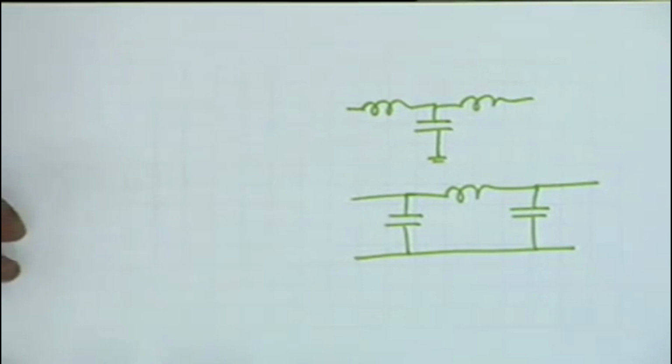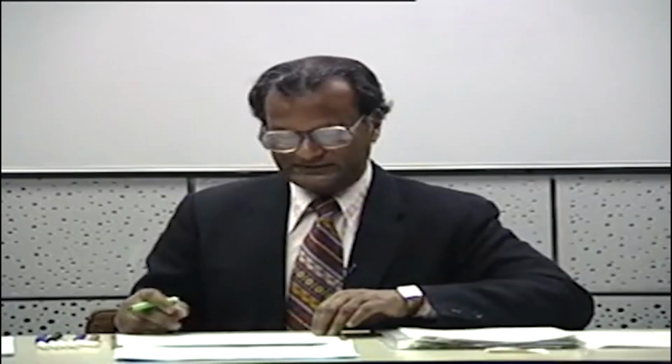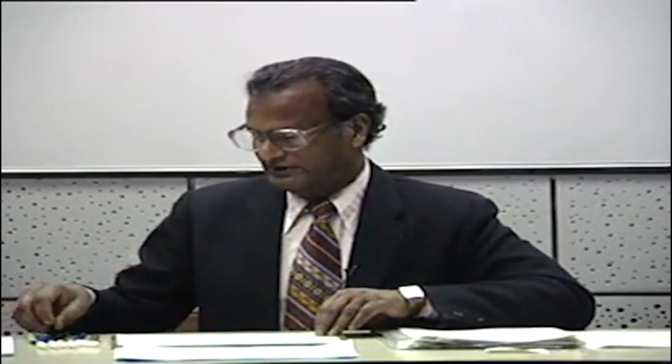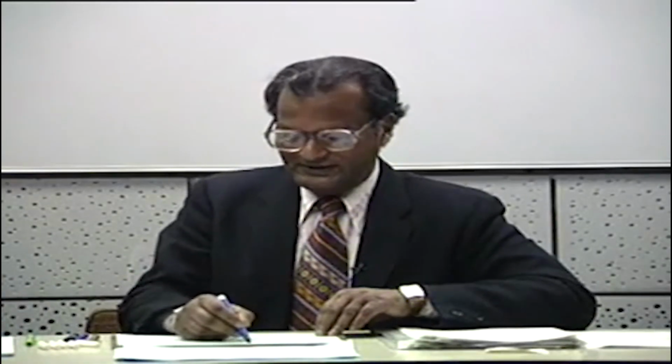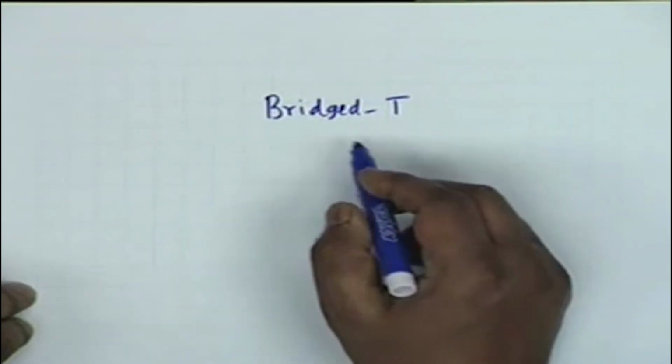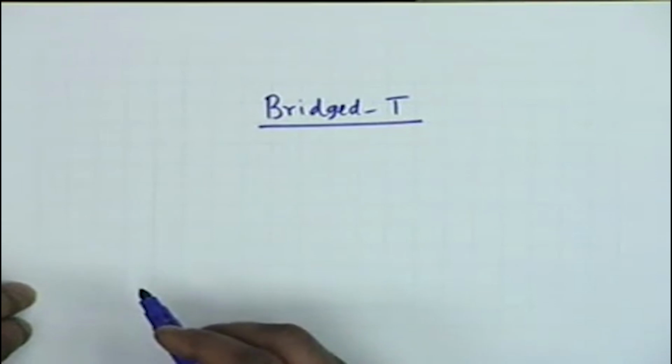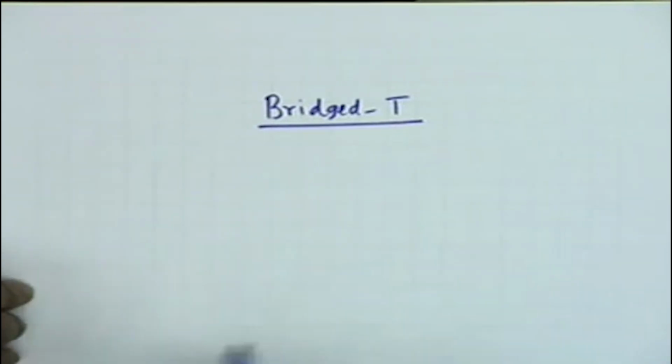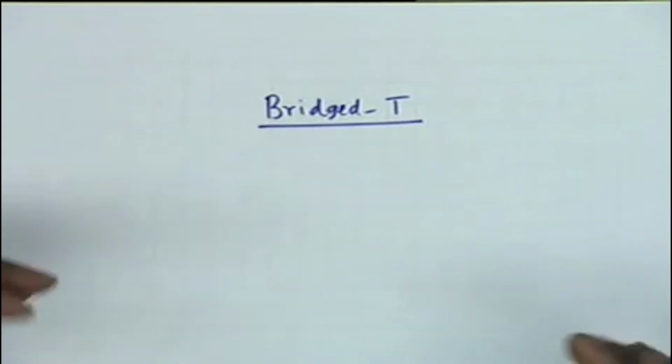There are many other kinds of filters, and one of the examples that one comes across in instrumentation and measurement very often is the so-called bridged T filter. Bridged T refers to the architecture of the circuit, that is, how it looks.